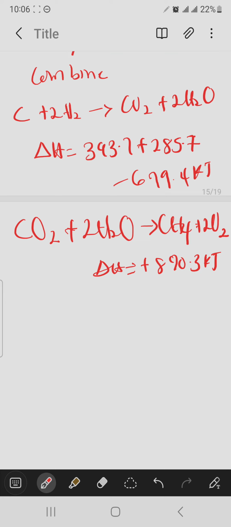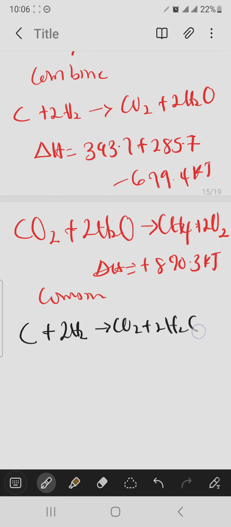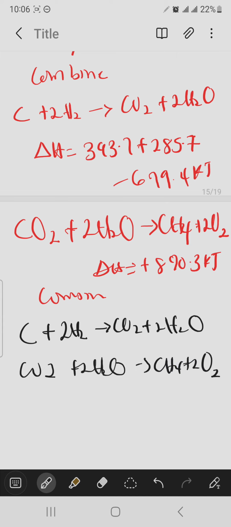If I have to combine them, I have this. So this one will be C plus 2H2 will give CO2 plus 2H2O, and this one will be CO2 plus 2H2O will give CH4 plus 2O2.